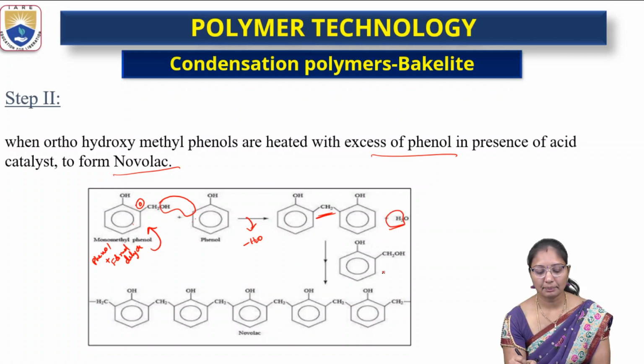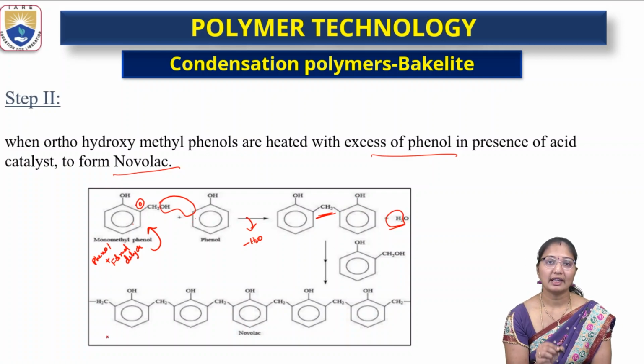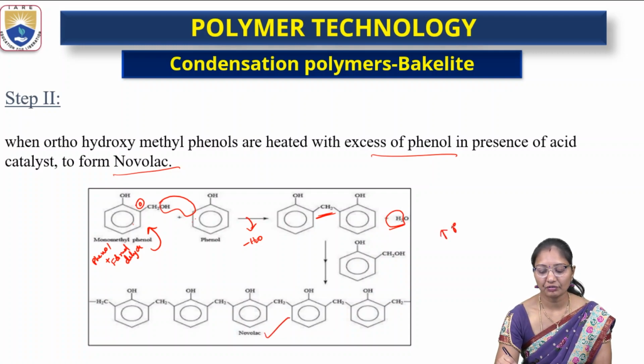Then again the ortho hydroxymethylphenol reacts with the intermediate product formed and forms a chain. The chain thus formed is called Novolac. So it is clear that excess phenol results in the formation of Novolac.